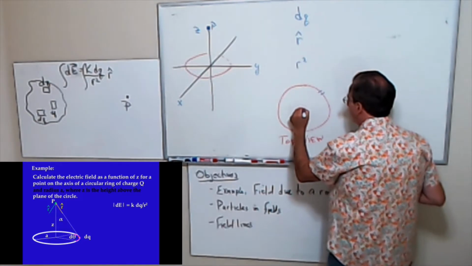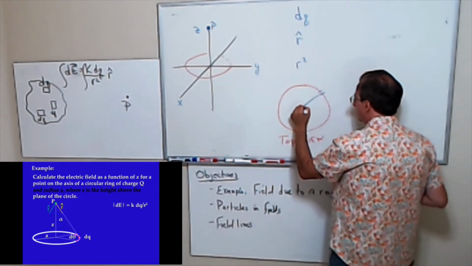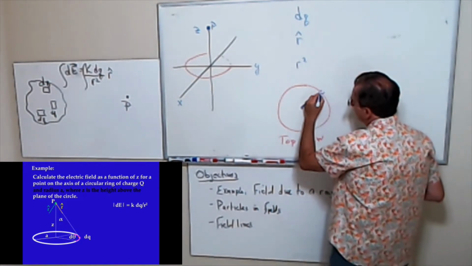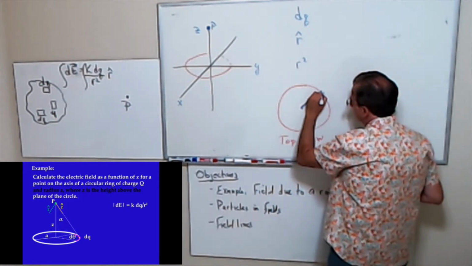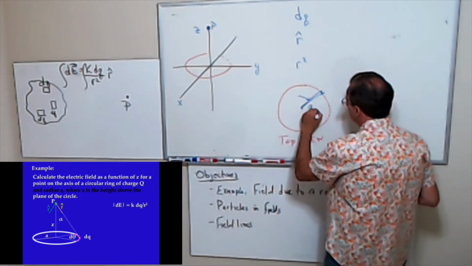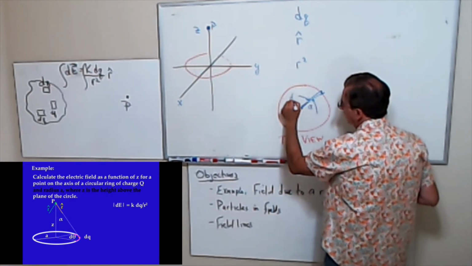My radius is A. And I want to break it up into this arc length. This is a small angle, very small d theta.